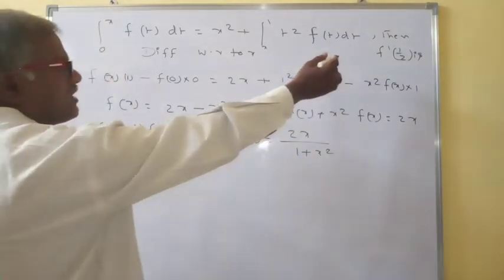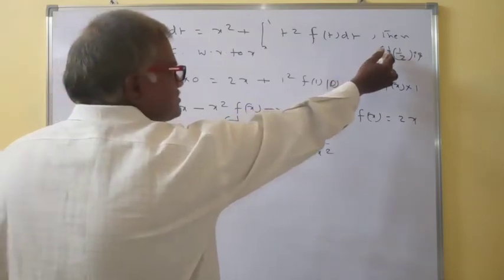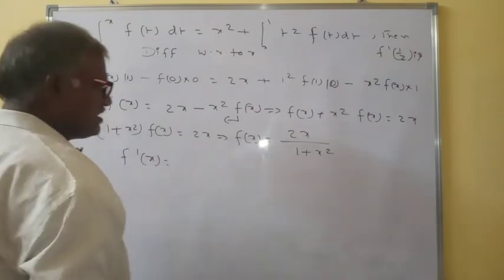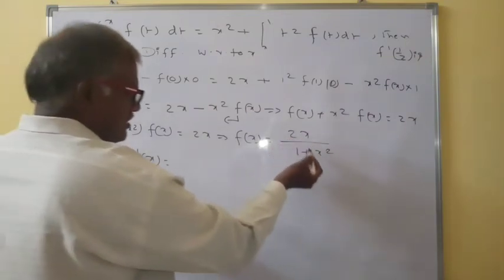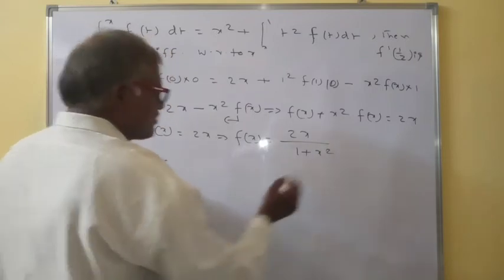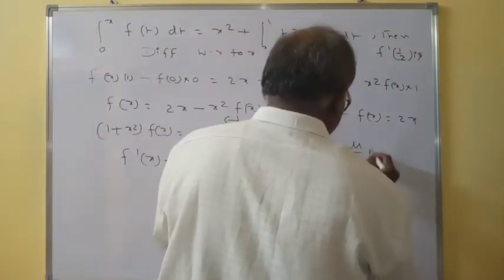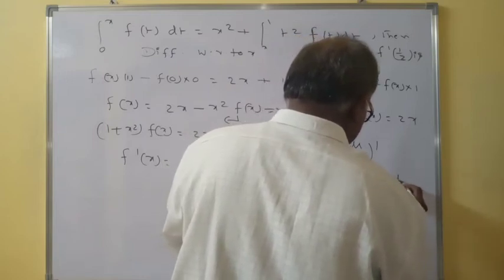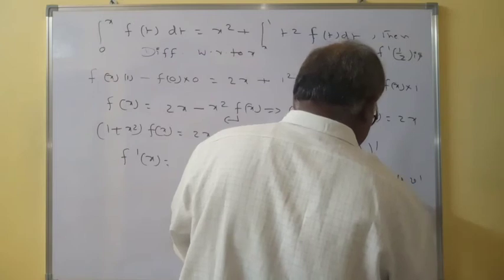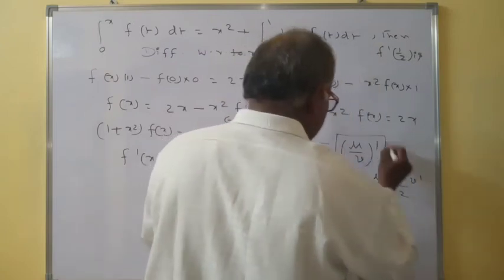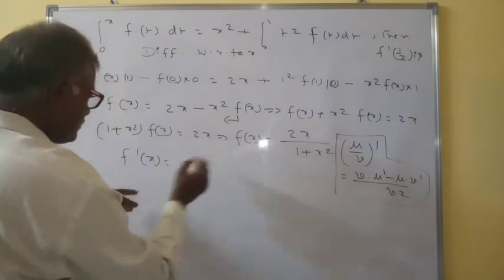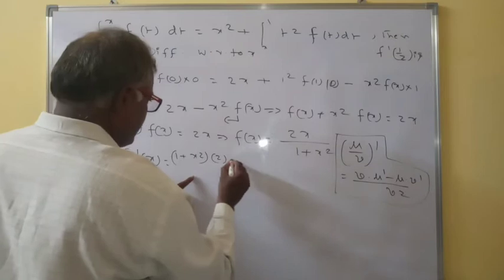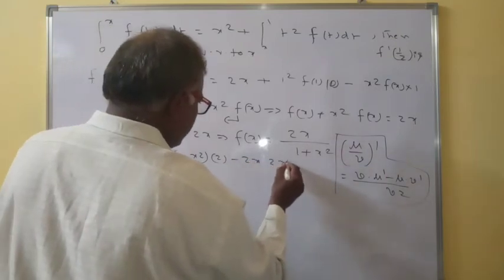Now we have to find its derivative because the required one is f dash of 1 by 2. So we differentiate again. Here we use the u by v formula, the quotient rule: v into u dash minus u into v dash, by v square. So denominator into numerator derivative, minus numerator into denominator derivative.